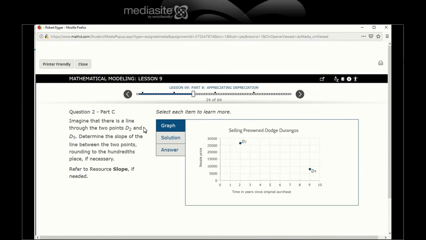Imagine there was a line through the 2 points, and you determine the slope of the line between the 2 points. Refer to the resource on slope if needed. All right, so let's draw ourselves a straight line here. Let's try and get on the points.